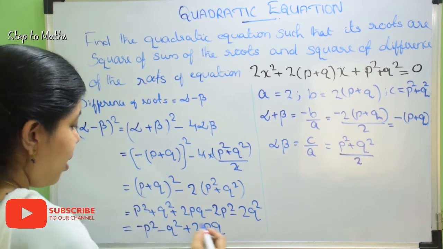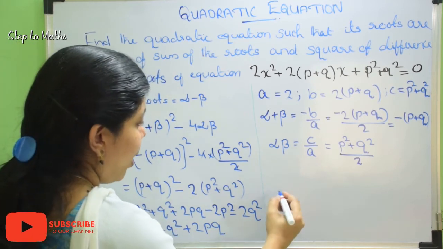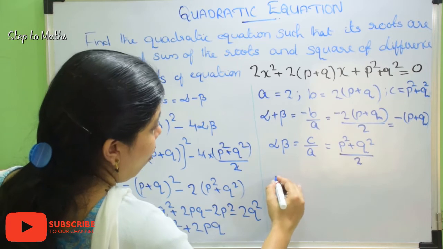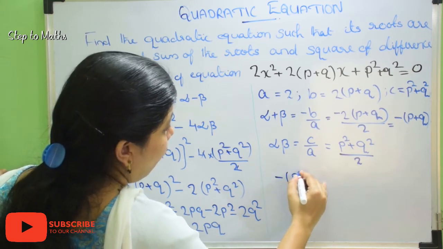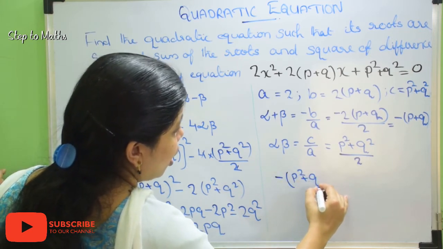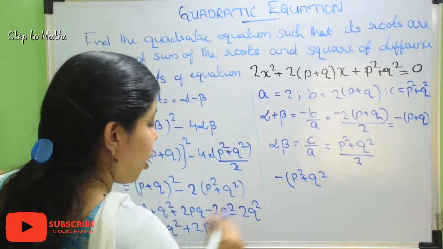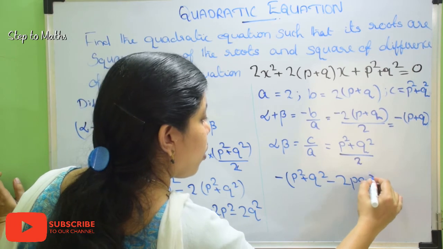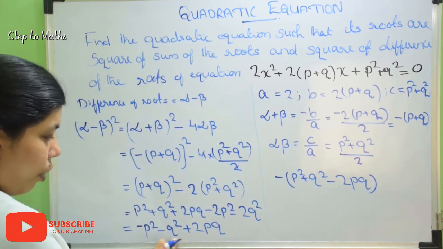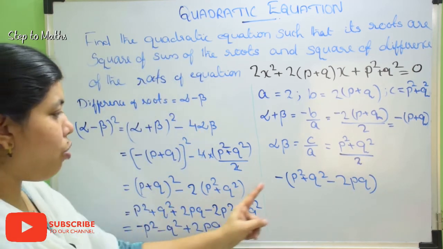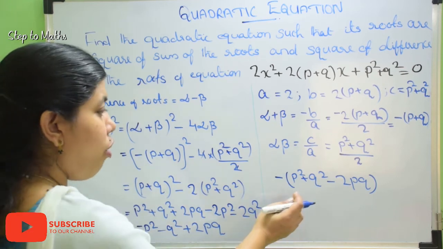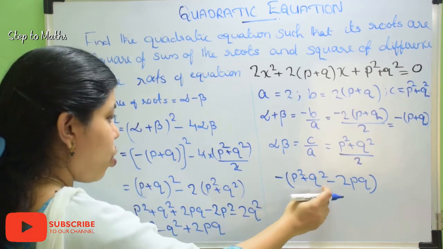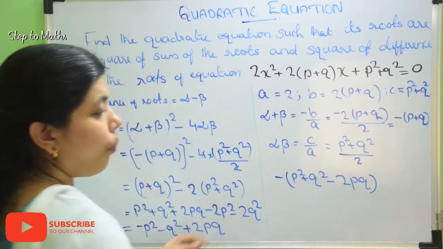Or we can write it as, if we take minus outside, it becomes minus of (p square plus q square minus 2pq).